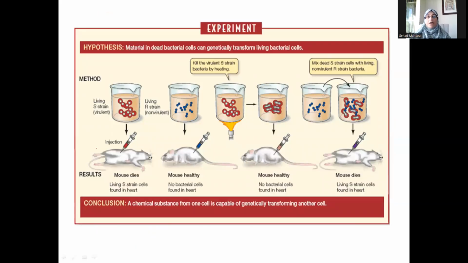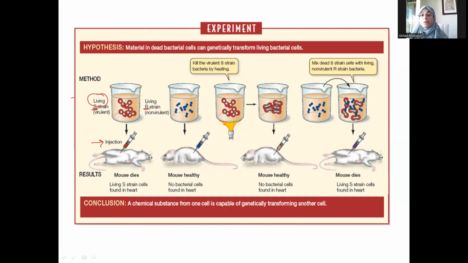Okay, so here we have the experiment. We have the virulent strain that we call the S strain. And when we inject the virulent strain, the mouse dies, especially since this S strain is living. But the other strain, which is a non-virulent strain, is called an R strain.